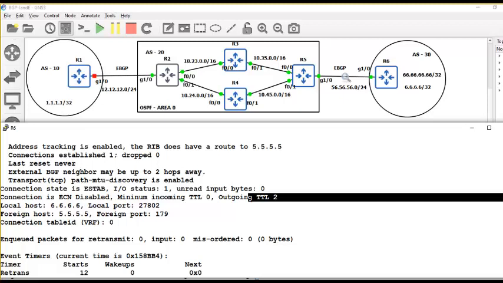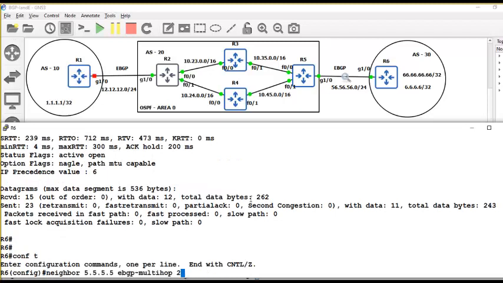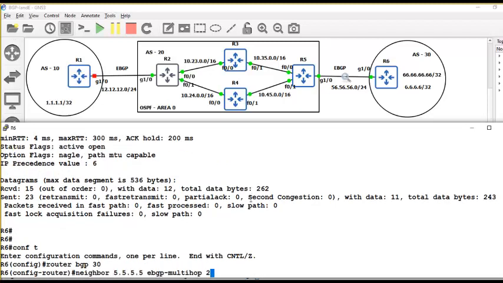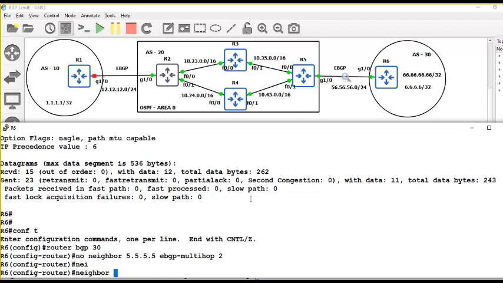So if you want to do this in a secure way, what can you do? You can remove this neighbor ebgp-multihop. Instead of saying I will send with hop count 2, you can say this, a different command: TTL security hop 2.